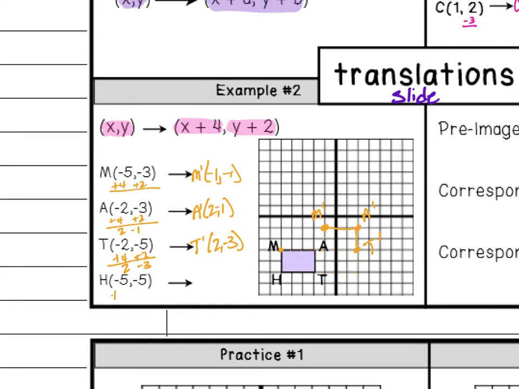And then I'm going to add 4 and add 2. So I'm going to end up at -1 and -3. So -1, h prime. I forgot to put my label there. H prime. So 1, 2, 3, 4, 1, 2, and that should be h prime. And there's my new figure.